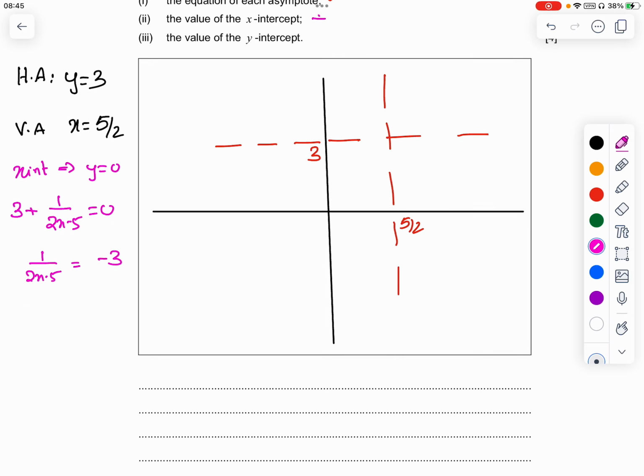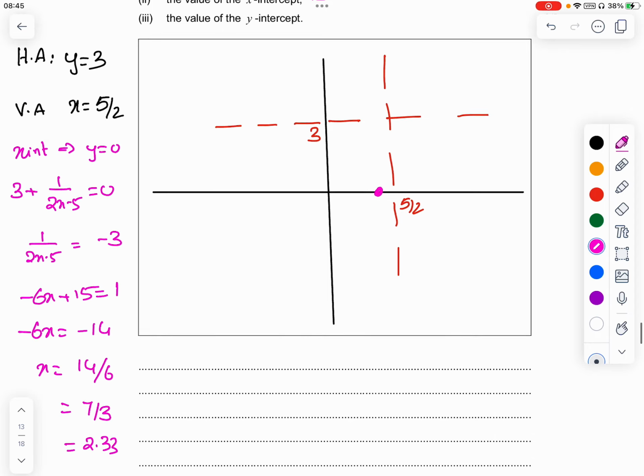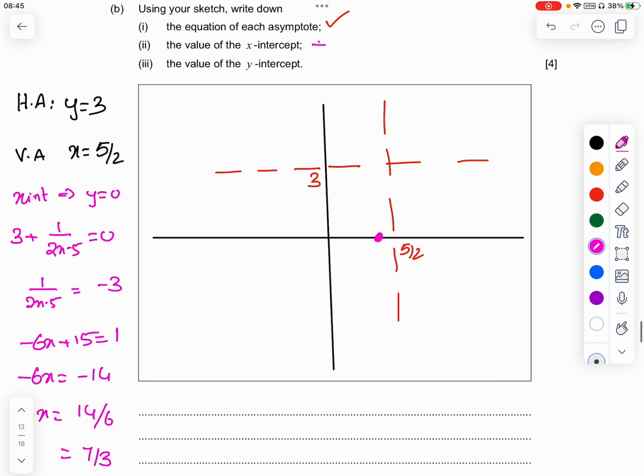So negative 6x plus 15 equals 1, so negative 6x equals negative 14, x equals 14 upon 6, which is 7 upon 3, or 2.333. This is less than our asymptote, because the asymptote was at 2.5.